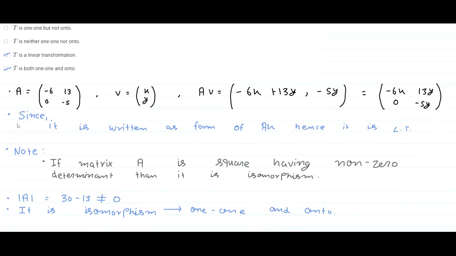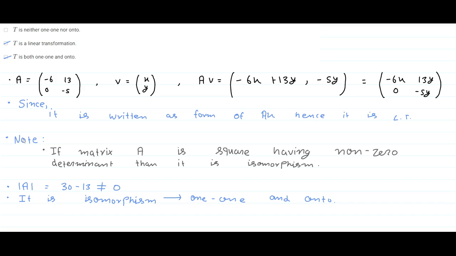Now, there is a point that if the coefficient matrix of a linear transformation is a square matrix having a non-zero determinant, then the linear transformation is going to be an isomorphism. Since we are already provided with the coefficient matrix for this linear transformation, let us find its determinant. Its determinant is going to be 30 minus 13, which is non-zero. Hence this linear transformation is going to be an isomorphism.